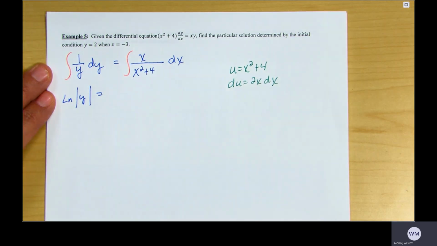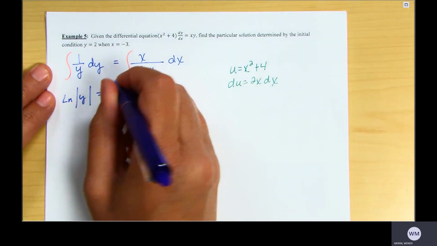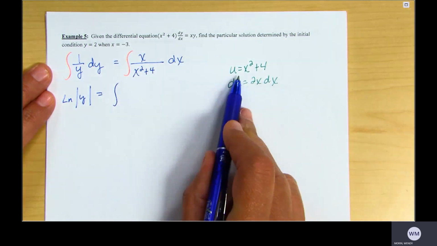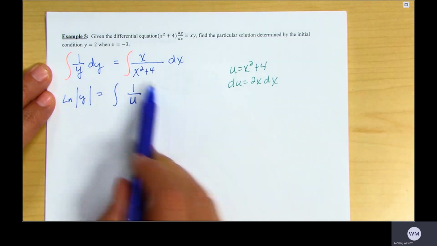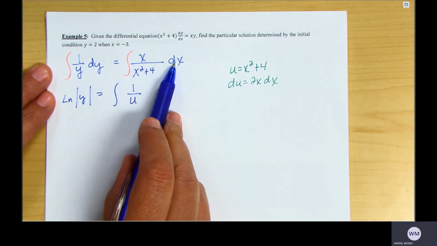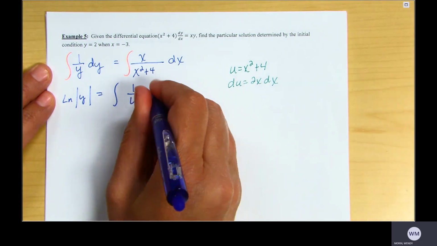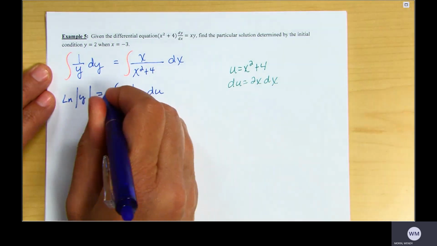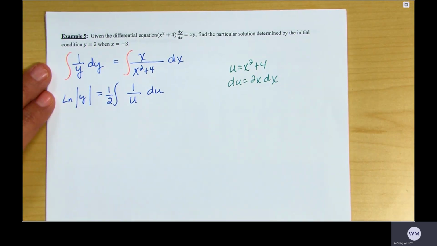Okay, so it's going to be equal to the integral, it's going to be 1 over u. And then what is x dx? Well, x dx is du divided by 2. All right.